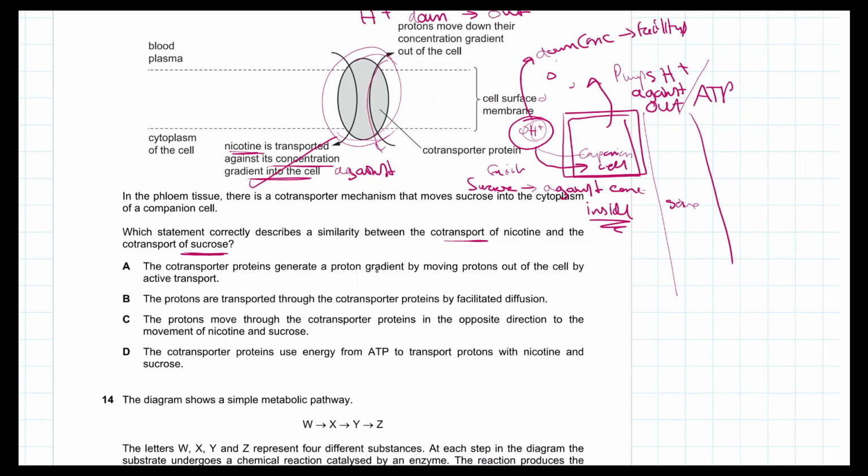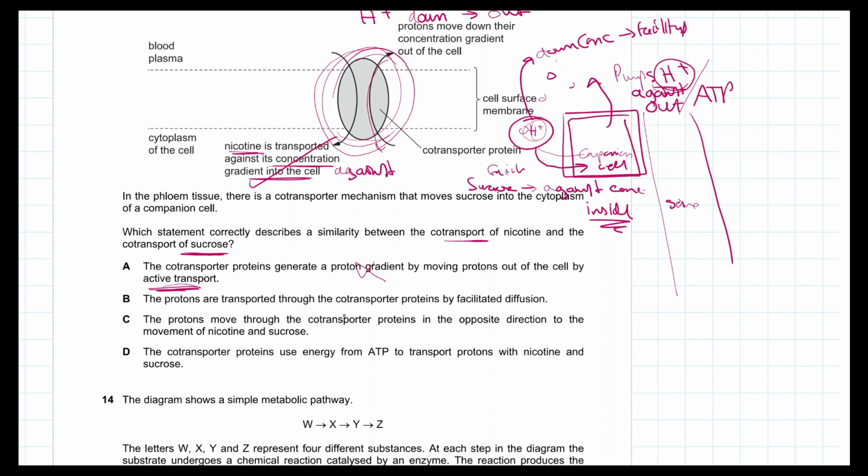Therefore, there isn't a proton gradient. Therefore, this is incorrect. And the process of active transport happens when hydrogen ions are pumped outside. Be careful, there are two steps here. First of all, the pumping of hydrogen ions outside, which does not exist here. And then the hydrogen and sucrose going back into the cell, which happens through a co-transporter protein. Therefore, this is totally incorrect.